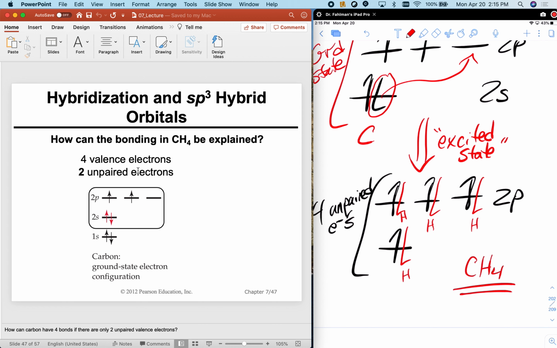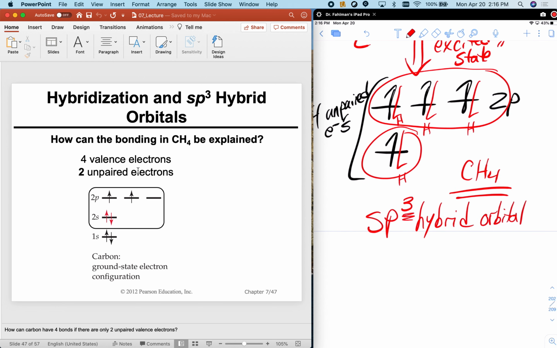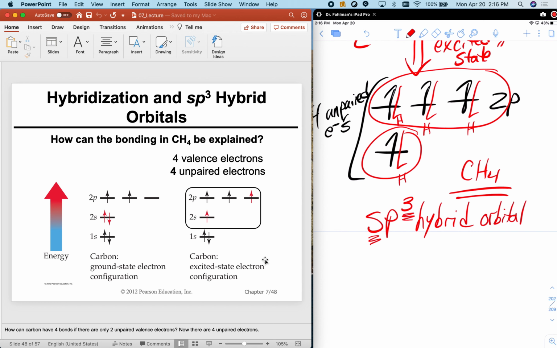Since you're mixing together an s and three p orbitals, this is called the sp3 hybrid orbital. So three p's and one s. And that's shown here.